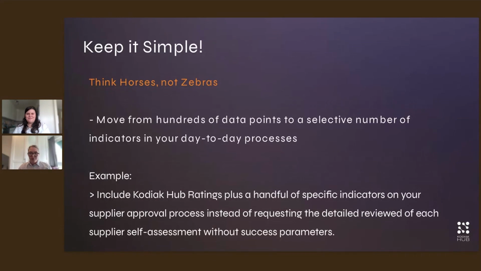In line with that, we want to make sure that we're keeping it simple. As Laura mentioned, it's never been easier to capture a lot of data, but it's very likely that of all the data that we're gathering and capturing, there are a few key indicators that really drive our day-to-day processes. If we think about Kodiak, for instance, we have our rating scheme.